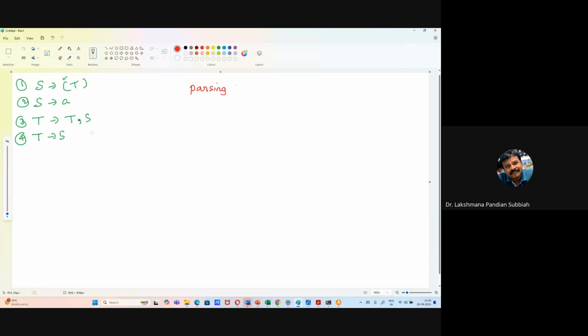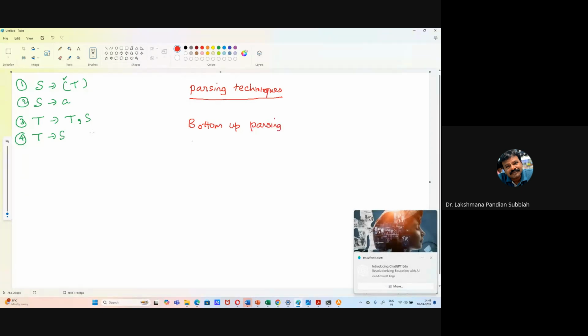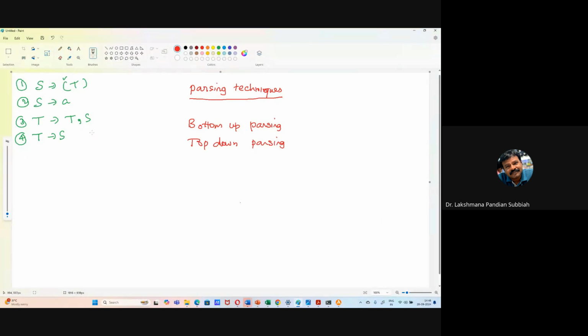Parsing techniques. I told you we are having two types: bottom up parsing, another one top down parsing. Manually, I'll show that one. What is bottom up and top down.